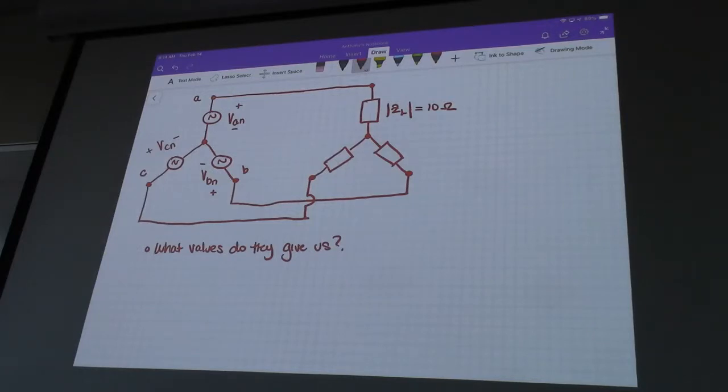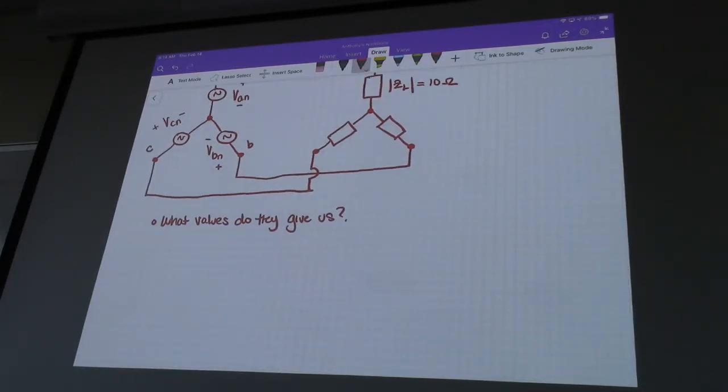They tell us that the voltage line to line is 208 volts. They tell us that the magnitude of the impedance is 10 ohms. And they tell us that the power factor is 0.8 lagging.